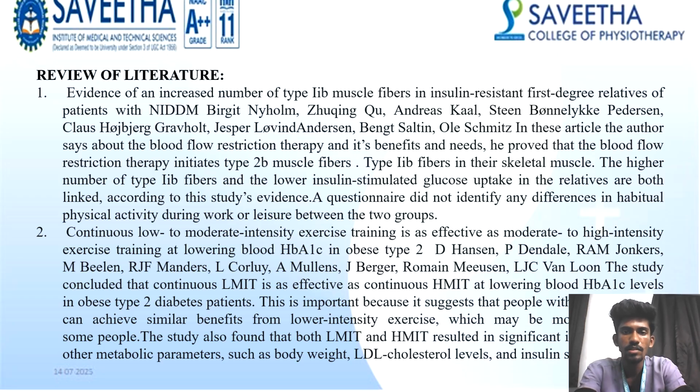Type 2B fibers are less sensitive to insulin and have low oxidative capacity, contributing to reduced glucose uptake. Despite similar physical activity levels, insulin resistance was still higher, indicating a muscle fiber based mechanism. Now, BFRT is ideal for this because it directly stimulates type 2B fibers using low loads.